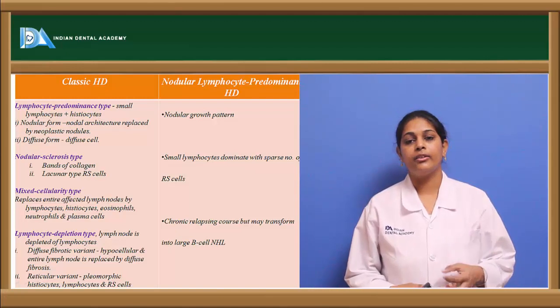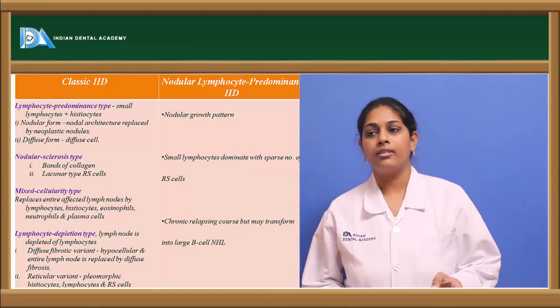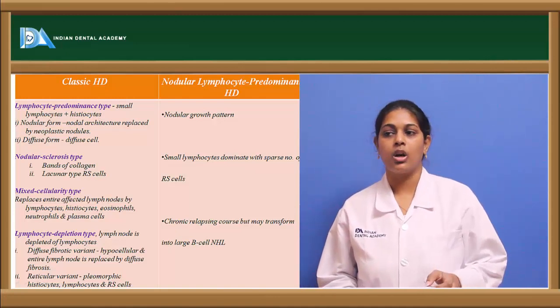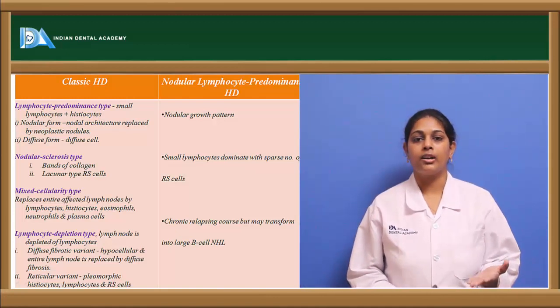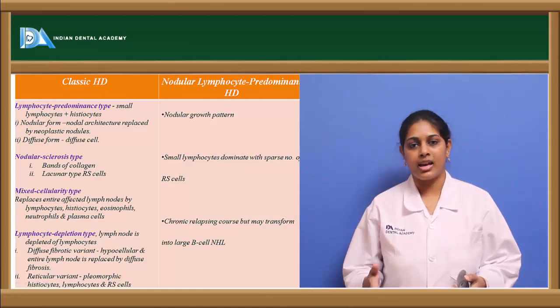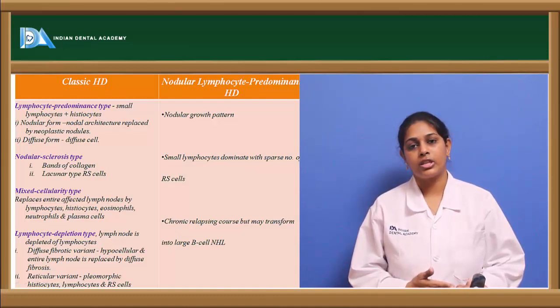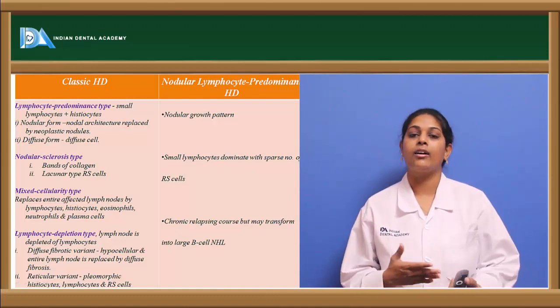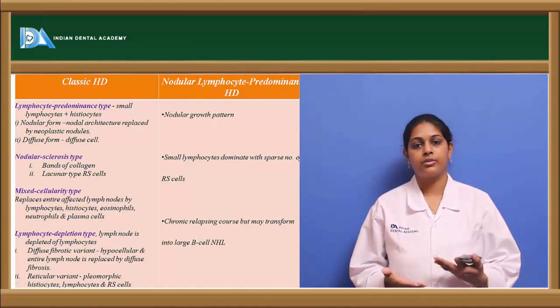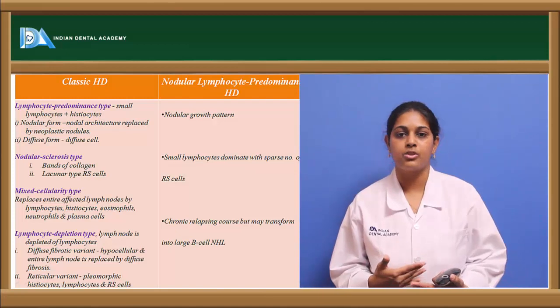Another feature of lymphocyte predominant Hodgkin's lymphoma is that a chronic relapsing course can be seen. That is, there is a stage where there is a lack of manifestations of the Hodgkin's lymphoma, and then recurrence. These continuous episodes of occurrence and absence are known as relapse.